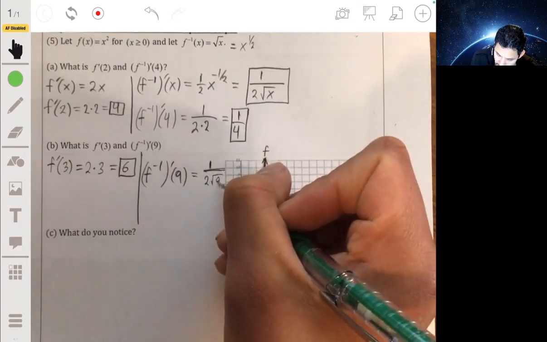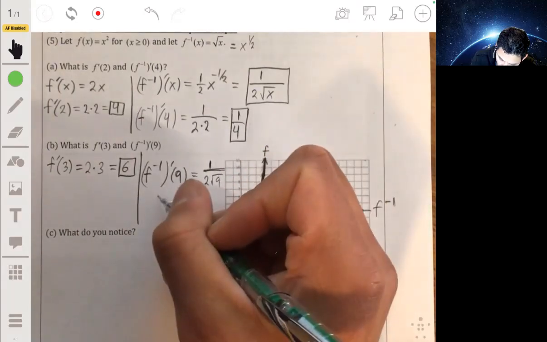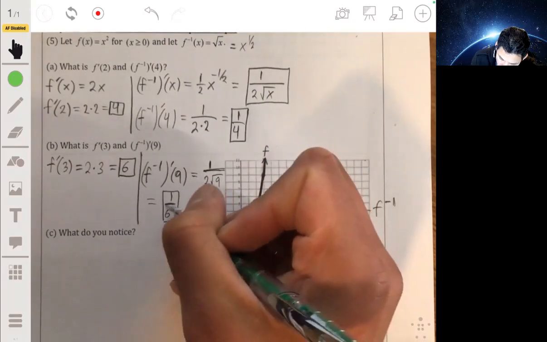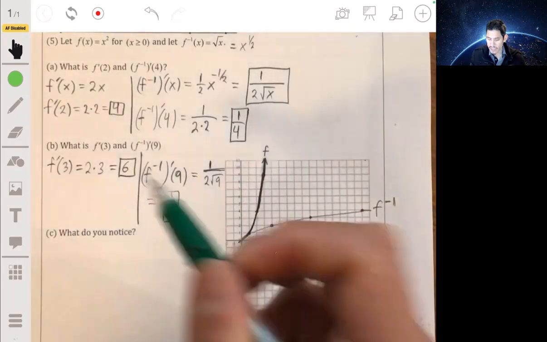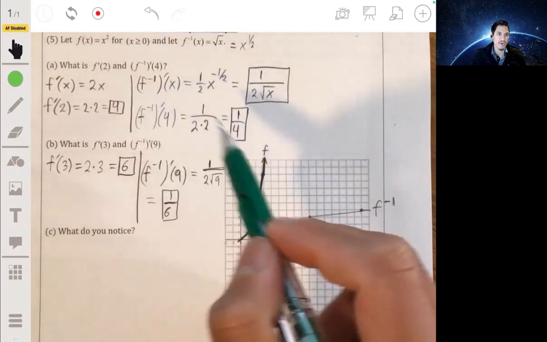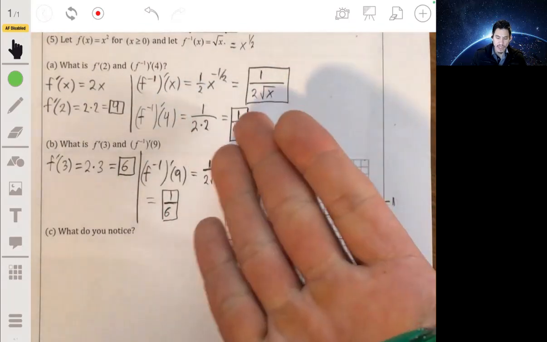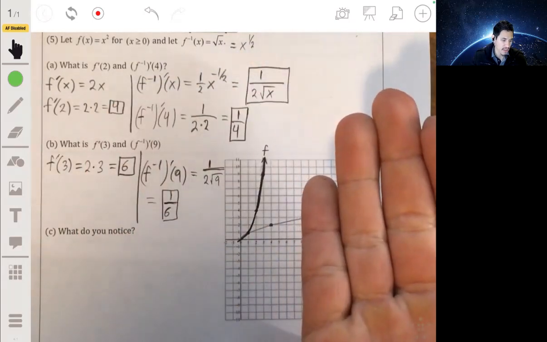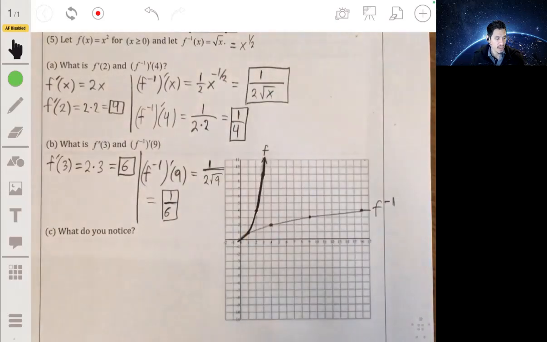The square root of 9 is 3, so this is 1 over 2 times 3, or 1/6. So I got a 6 in both of these, and I got a 4 in both of these, but more specifically, I got two answers that were the reciprocals of one another. So in both cases, the slopes are reciprocals of one another.